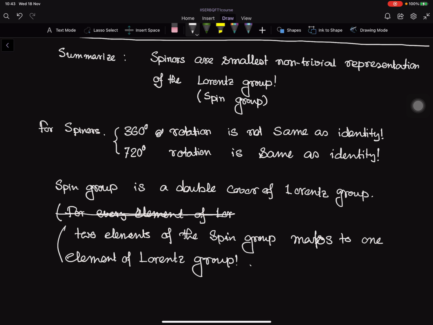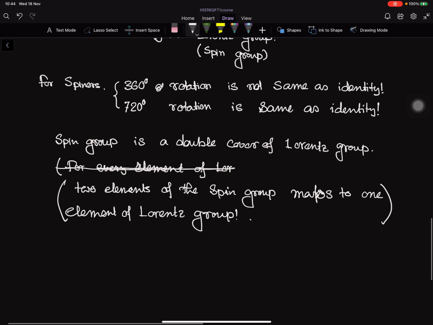Okay, so that's why it's called a double cover, because, roughly speaking, it has double the number of elements than the Lorentz group. And that's why the spinors, these fermions, are technically speaking representations of the spin group, and that's why these are called spinors.